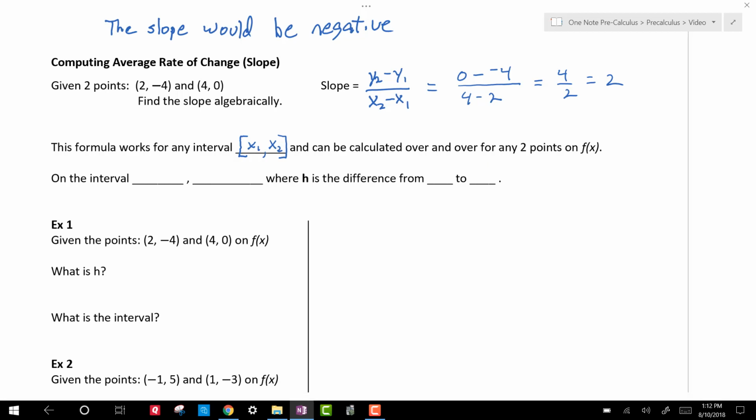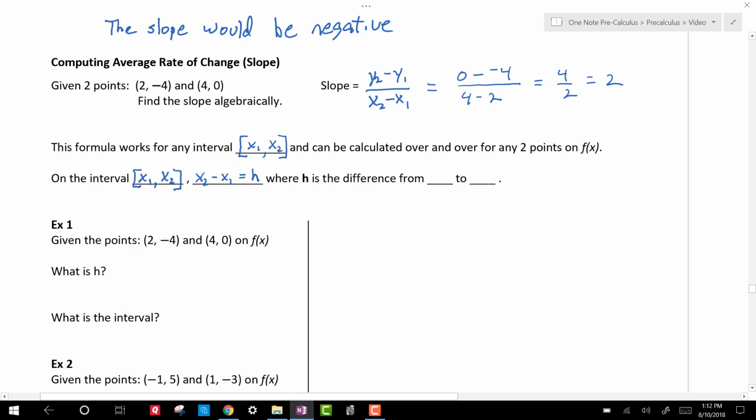So on the interval [x1, x2], if I take x2 and I subtract x1, that is going to equal some value of h.